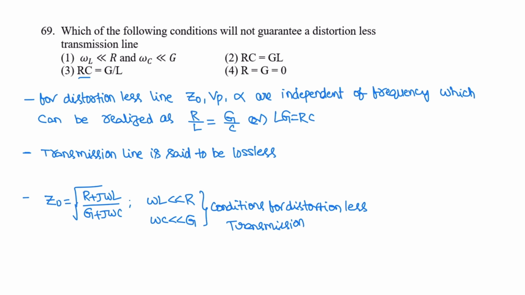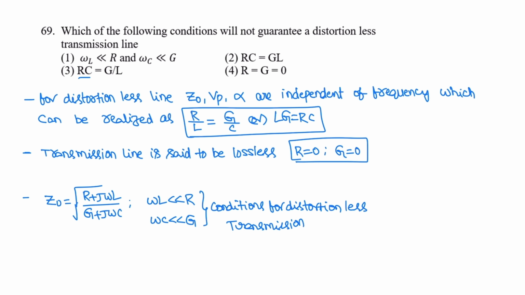The transmission line is said to be lossless if the conductors of the line are perfect, so the resistance R is 0 and the dielectric medium separating them is lossless, that is G is 0. So this is one condition, and LG equals RC is another. The other condition is omega L far greater than R and omega C far greater than G. These are the three different conditions for a distortionless line.